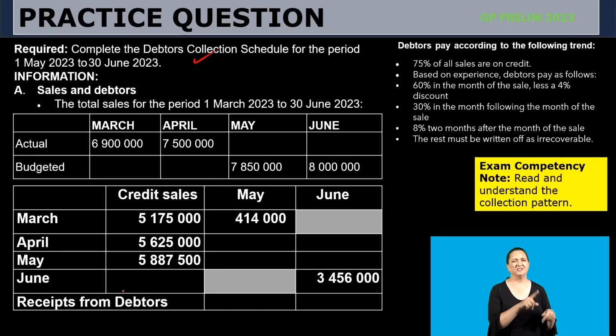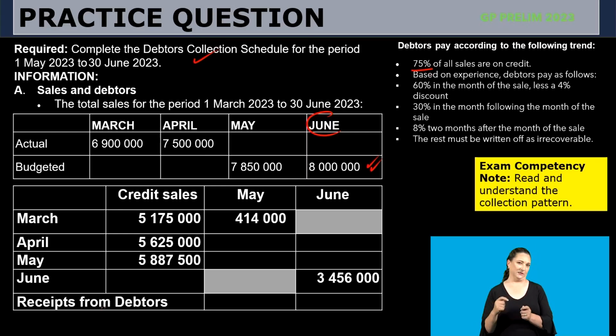There are several ways in which one could have done this. One of the ways is to come here. We are in June and we're given the budgeted sales, which is 8 million. We're told 75% of all sales are on credit.